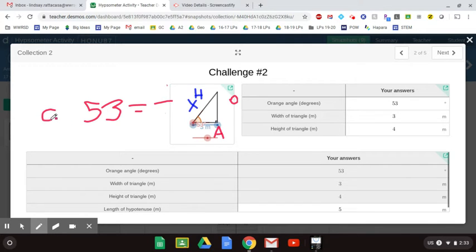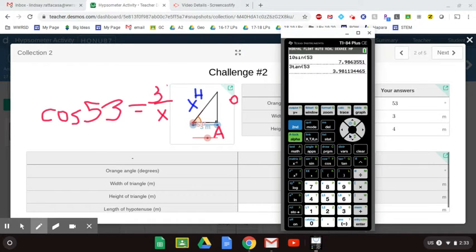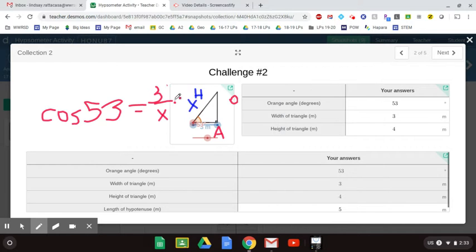So that would be cosine this time. So cosine of 53 degrees would be the adjacent over the hypotenuse, which is our unknown here. This is where you'd have to do the switching with the calculator. So when you actually go to do the calculation, this would be 3 divided by cosine of 53, because you're really multiplying both sides by x, and then having to divide both sides by cosine of 53.